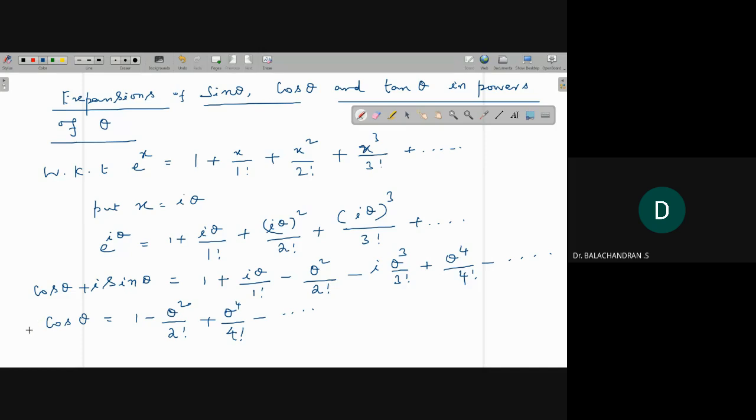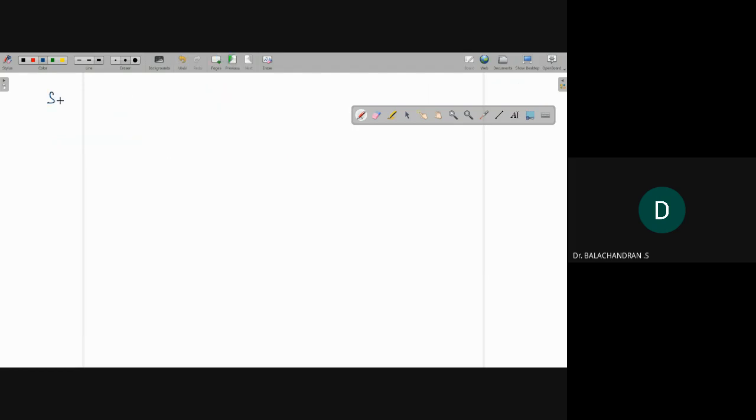So this is a result. Similarly, comparing the imaginary part, sine theta equals theta minus theta cube divided by 3 factorial plus theta power 5 by 5 factorial minus and so on.